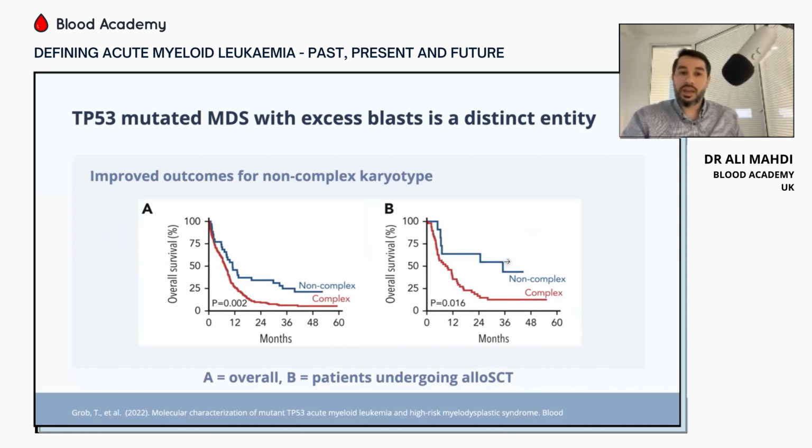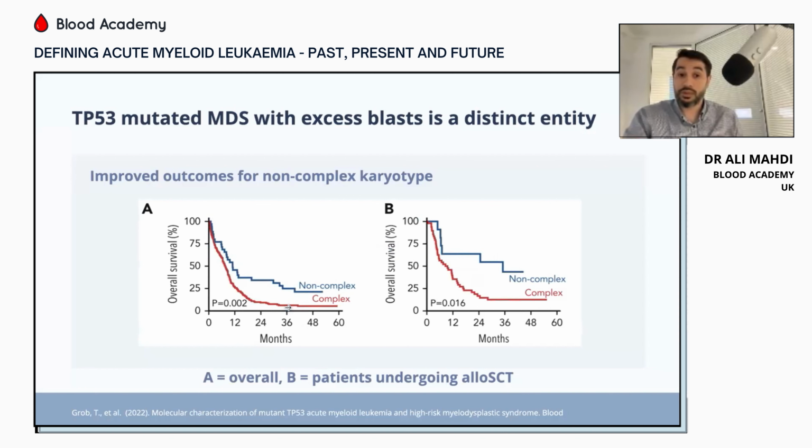There is the recognition here from this data set that it's not just the TP53 mutation which is important, but also whether the patient also harbors a complex or non-complex karyotype. So patients overall with a non-complex karyotype with the TP53 mutation did better in comparison to those patients with a complex karyotype.